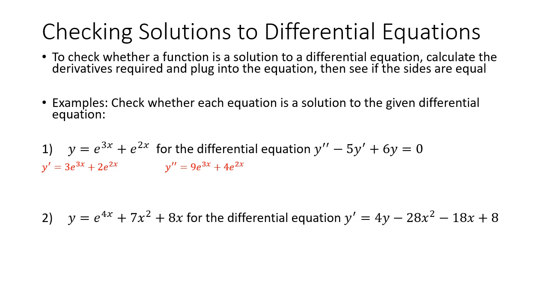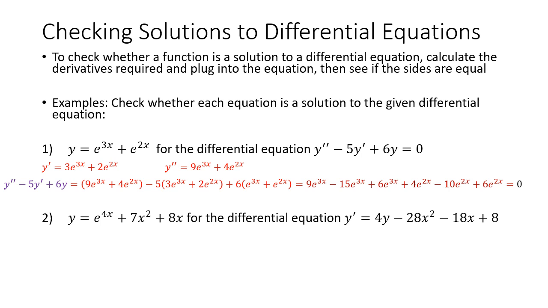If we then plug these in, we get the equation 9e to the 3x plus 4e to the 2x minus 5 times parentheses 3e to the 3x plus 2e to the 2x end parentheses plus 6 times parentheses e to the 3x plus e to the 2x end parentheses. We can then combine like terms, for which we get 9e to the 3x minus 15e to the 3x plus 6e to the 3x plus 4e to the 2x minus 10e to the 2x plus 6e to the 2x.